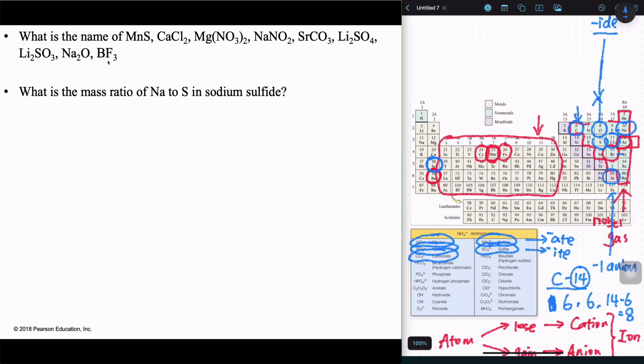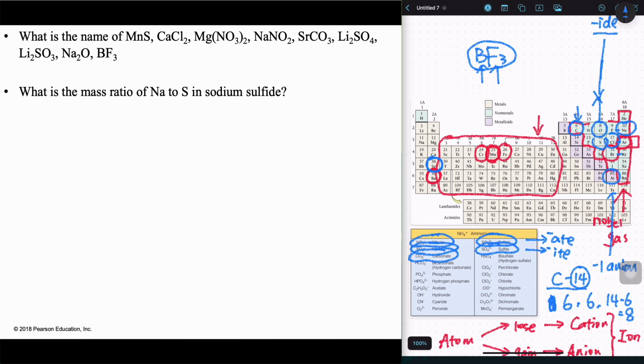So it's boron fluoride. But pay extra attention here, because this one is a molecular compound. Boron is a nonmetal or a metalloid, and fluorine is a nonmetal. So we call this a molecular compound.